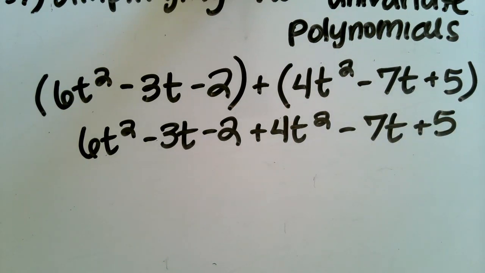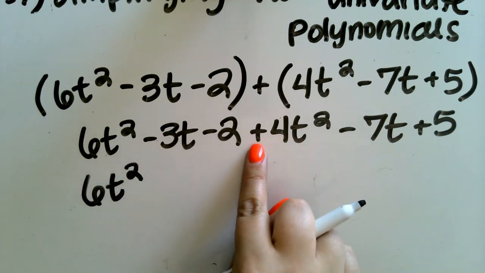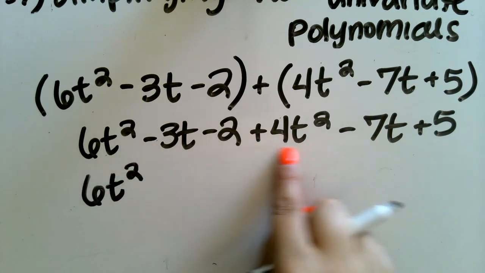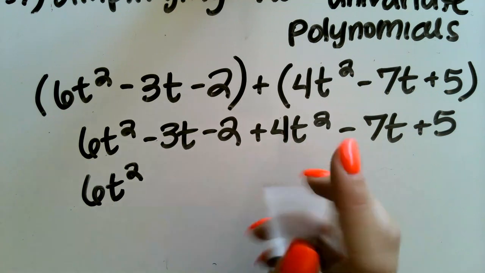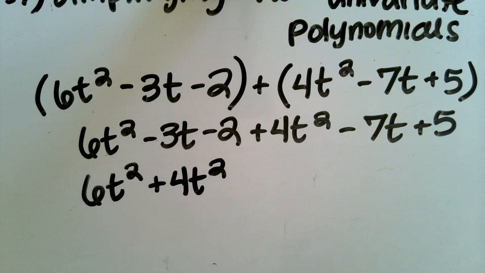This time, I'm going to try it using a different method. You guys can either draw shapes around it, or you can rearrange it like I'm about to do, okay? Either one works, it doesn't matter which one you like better. Some people like drawing, some people like rearranging. Choose whatever method works best for you. This time, I'm going to rearrange: 6t squared, and I'm going to bring over the term that is the same, plus 4t squared.